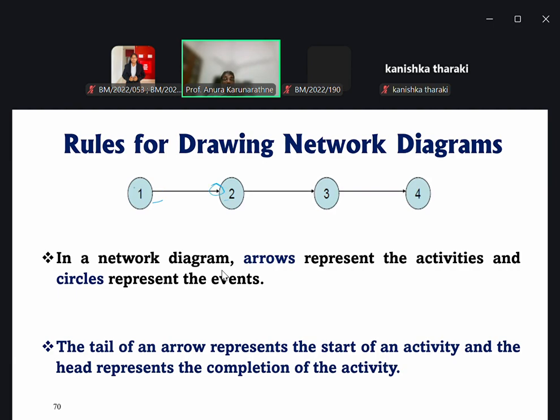The tail of an arrow represents the start of an activity and the head of the arrow represents the completion of the activity, right? Now this is the completion. So this is the starting of the activity.